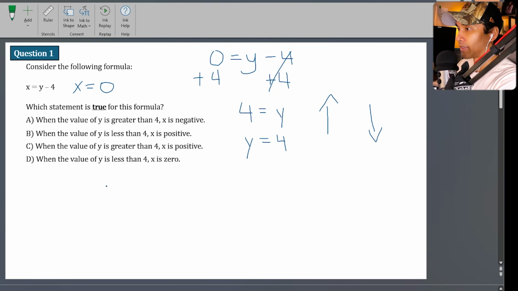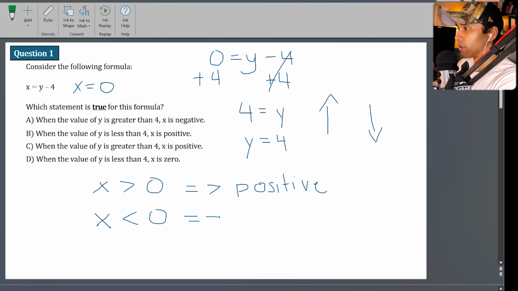When I write x greater than 0, that means positive. X values greater than 0 means positive. When I say x less than 0, this equals negative. This is very important for us to determine what answer choice is true and what answer choice is false.